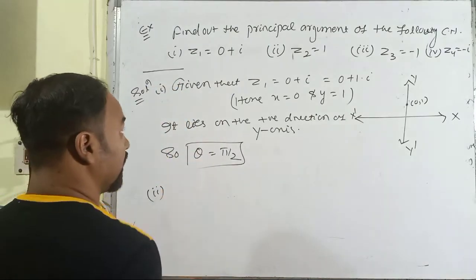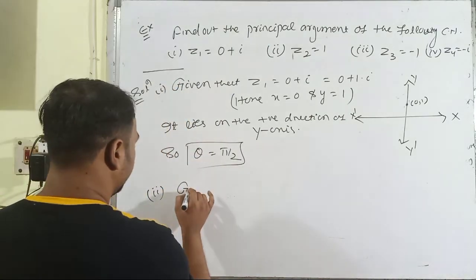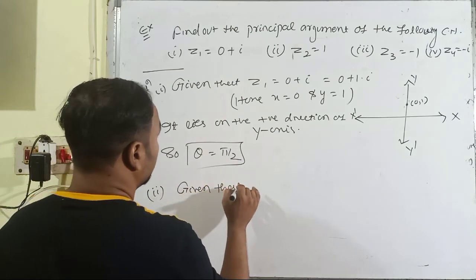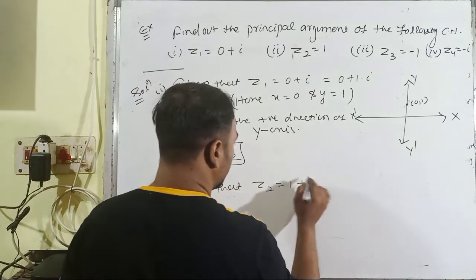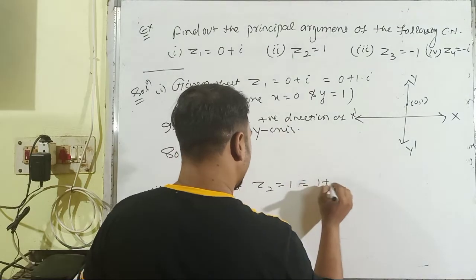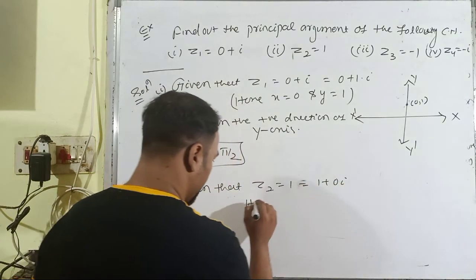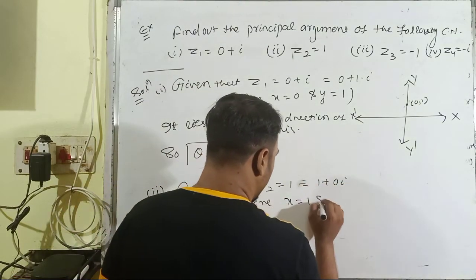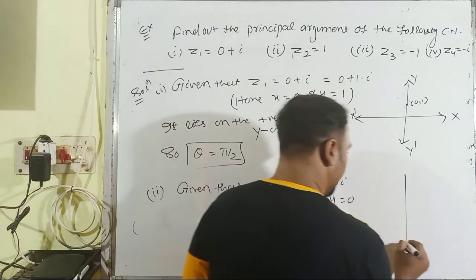Then moving to the second. Given that z2 is equal to 1, that means 1 plus 0 into i. Here x is equal to 1 and y is equal to 0.